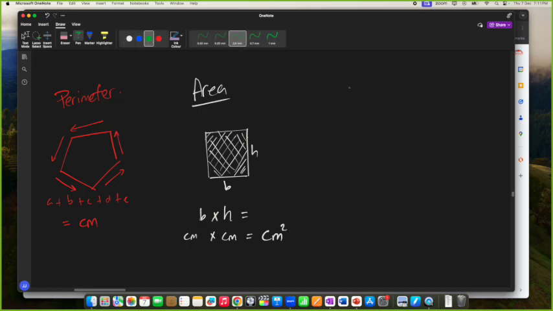Now we are talking about volume. With volume, we are talking about a 3D object. Think about a tank, and I'm drawing a very crude water tank here.